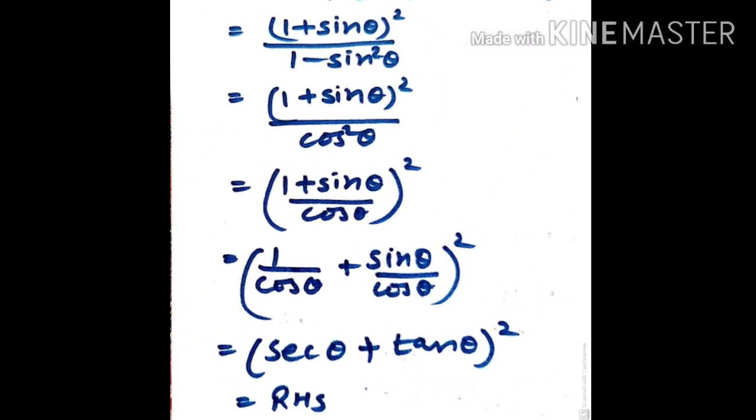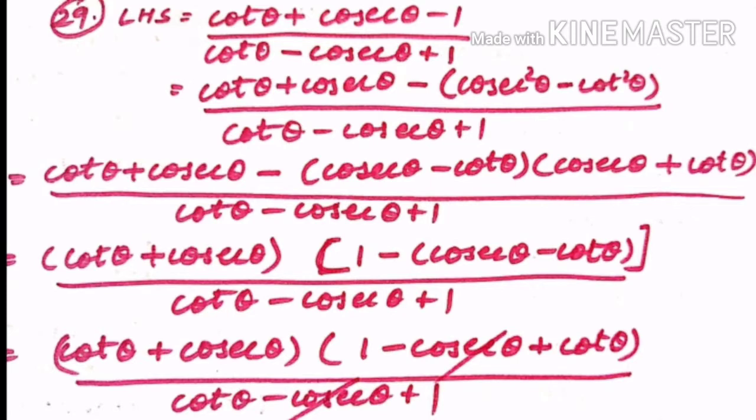Question number 29 is: left hand side, you check, (cot theta plus cosec theta minus 1) upon (cot theta minus cosec theta plus 1). Here, students, if you convert cot theta and cosec theta into cos and sine, that will not work, it will not give our answer.